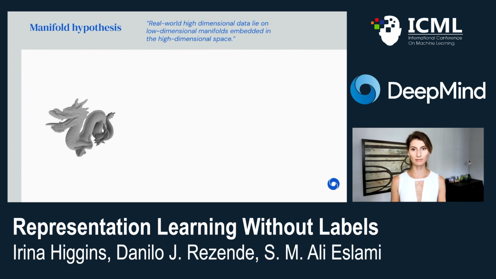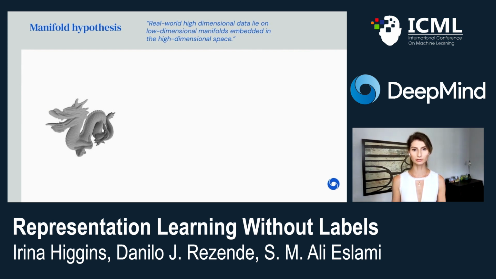Many of you probably have heard of the manifold hypothesis that underlies a lot of what we do in machine learning. The manifold hypothesis suggests that real-world, high-dimensional data lie on low-dimensional manifolds embedded in the high-dimensional space. Let's unpack that.